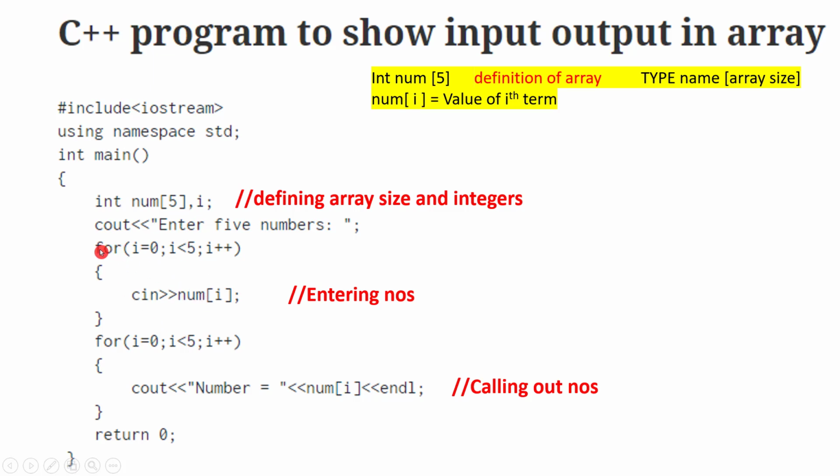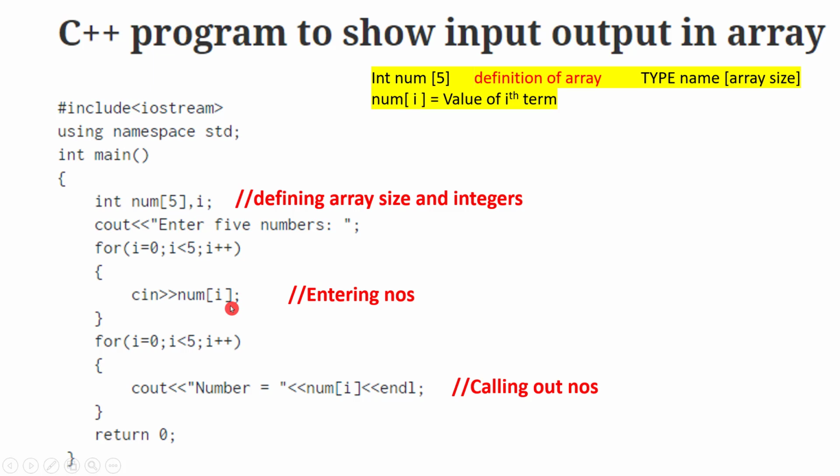So this for loop from here to here is for entering the values into the array. We know the syntax of for loop: for i equal to 0, i less than 5, i plus plus. Please remember the post increment operator. Inside the curly bracket we have cin >> number[i].